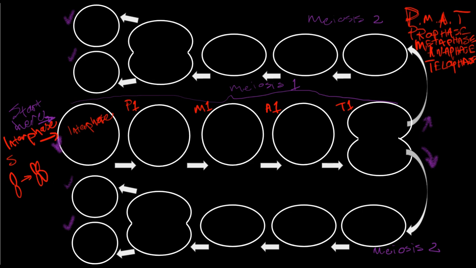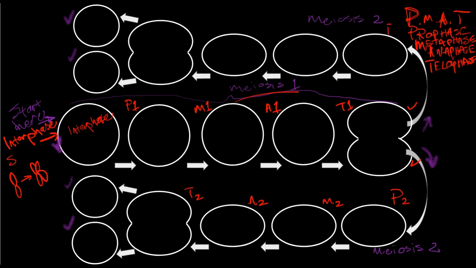Because it's happening in meiosis 1, it's the first division that we're going through, and then these cells, actually there are 2 of them at this point, are going to go through another division and the same 4 steps as we've had before. Similarly this is going to be prophase 2, metaphase 2, anaphase 2, and telophase 2.